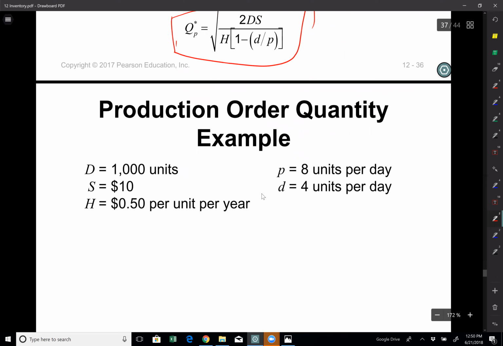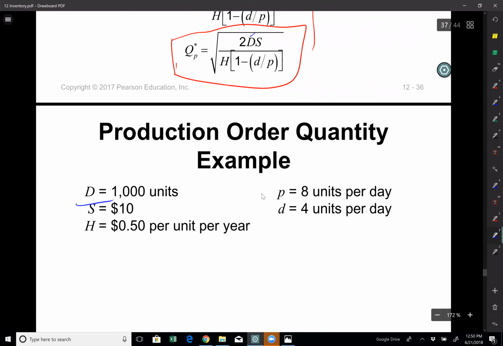So as you see here, we have D, just as in the formula right here. We have setup cost S, we have H, we have small p and small d, right?